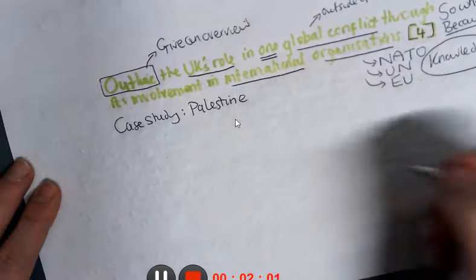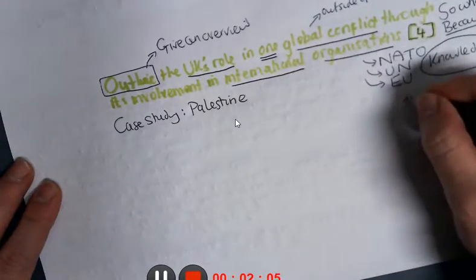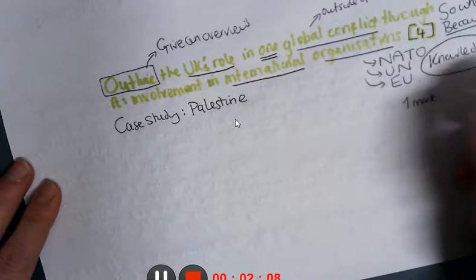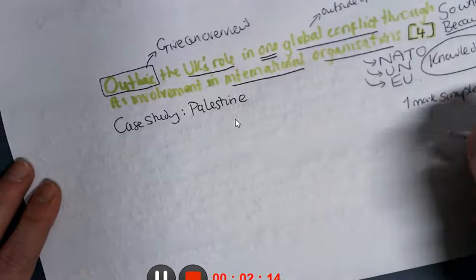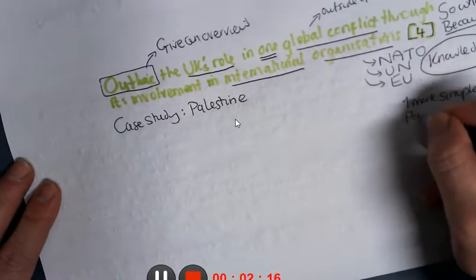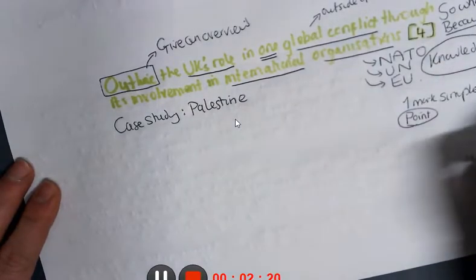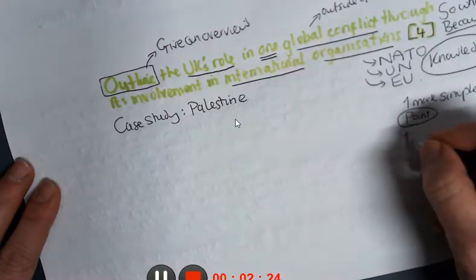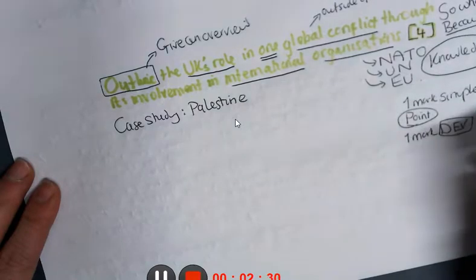Now, when the examiners are going to mark you, they are looking for 1 mark for a simple idea. And if we were looking at doing it as a 6-marker, that would be the P in your peel, point. Now, if we were looking for the next point, the examiners are looking for the development, and they would mark it like this in your exam, DEV.